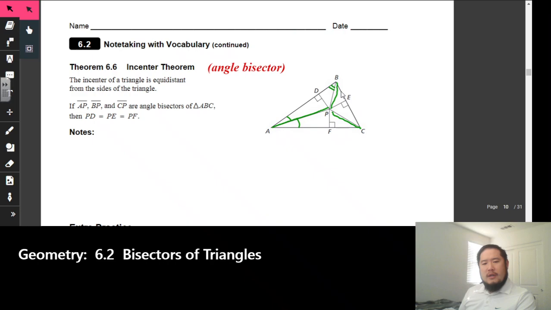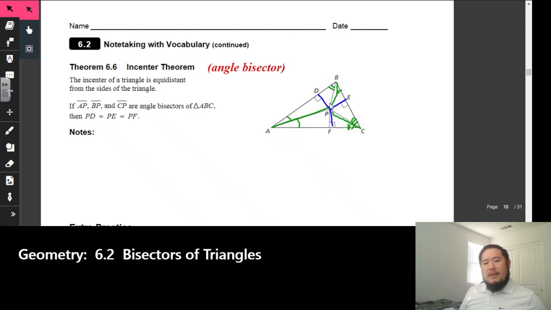Okay, so you can see something like this so that you know that these angles are being bisected. So what that tells me here is that from P to D, P to E, and P to F right here, all of those happen to be congruent.